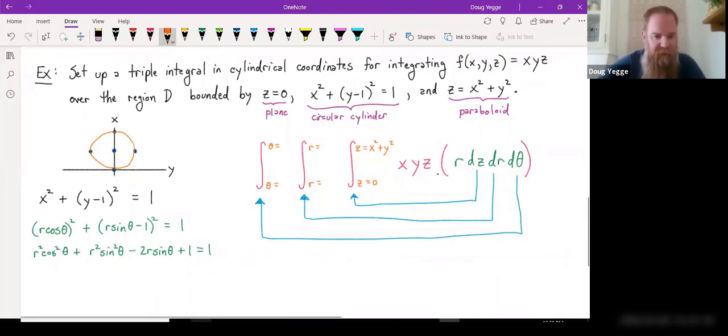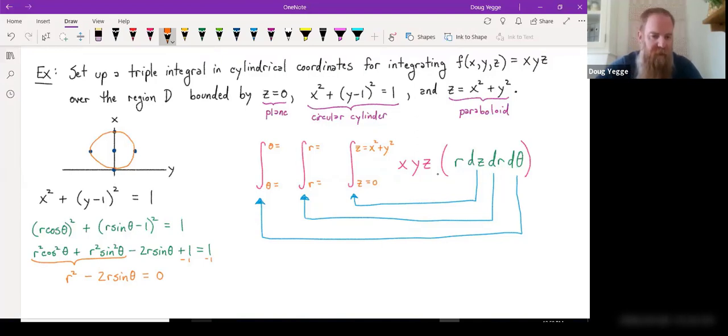Well, notice for this piece right here, when I factor out an r squared, I'm left with cosine squared theta plus sine squared theta, which is why all we're left with here is r squared minus 2r sine theta. And if I subtract this 1 from both sides, then I'm simply left with equals 0.